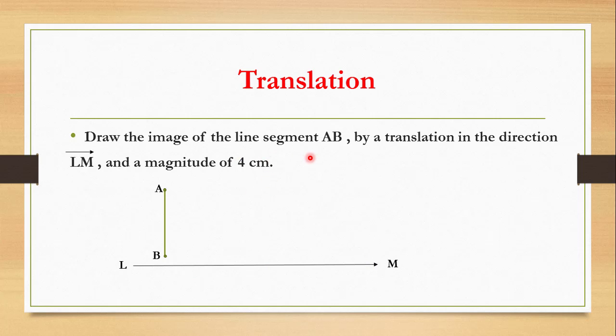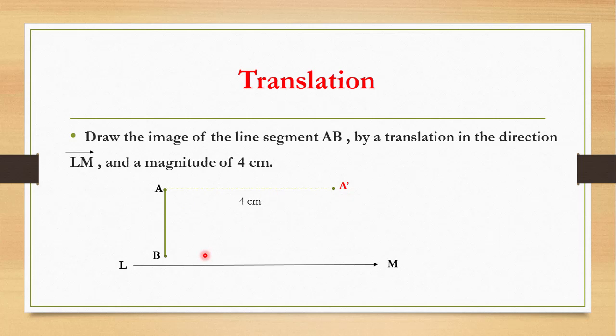In the same way, we will draw the image of A, then the image of B. The first step is the direction from L to M. So I'll draw a line segment parallel to LM with a length of 4 centimeters. Then I'll put the new point here, which is A dash.